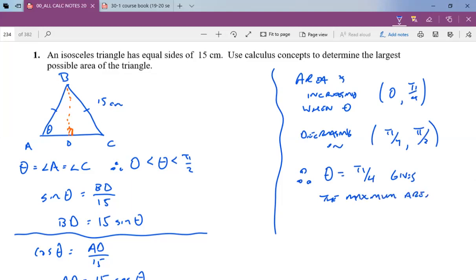So we do know that theta is pi quarters gives us the maximum area.